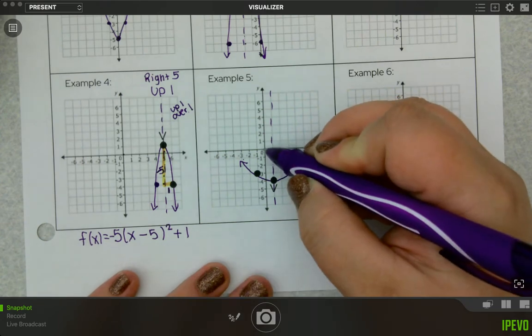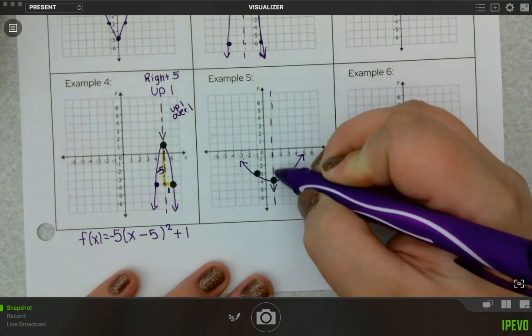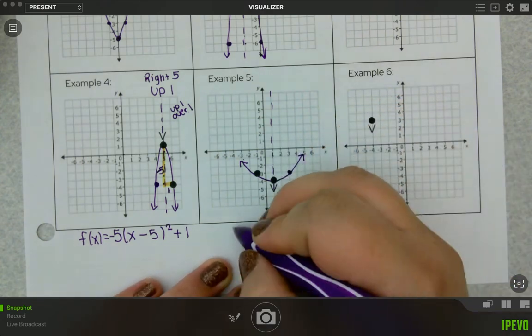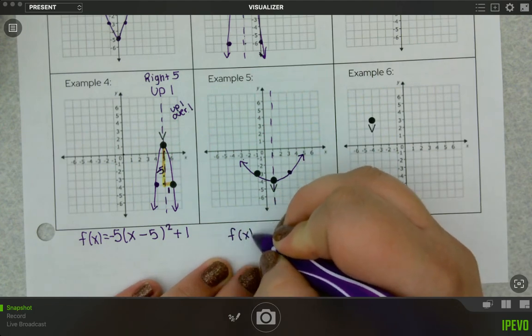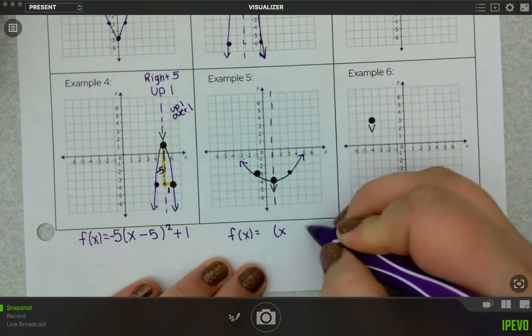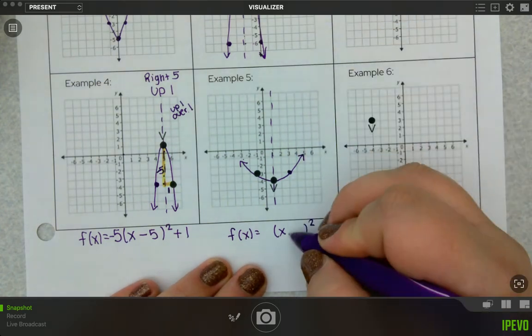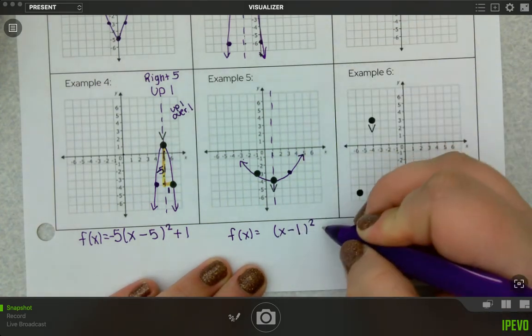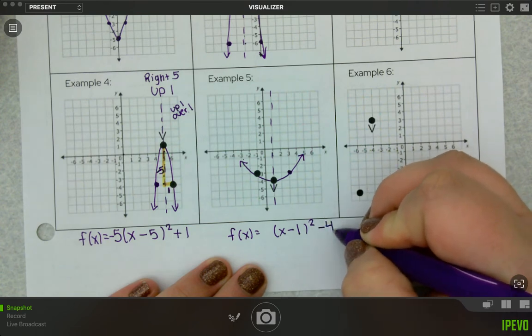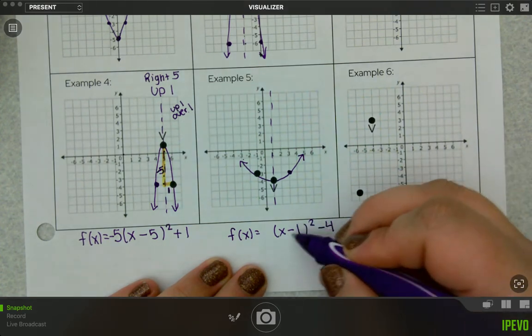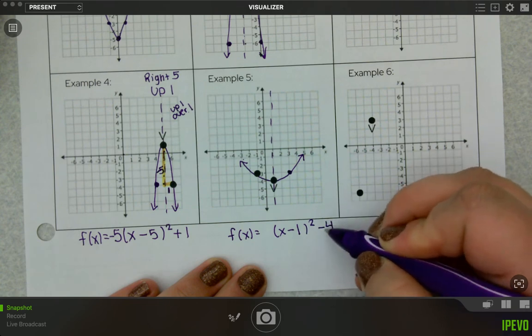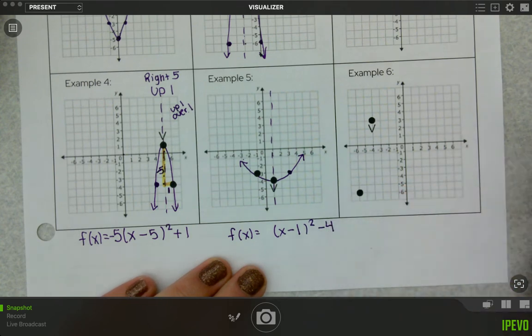So this one has been moved to the right 1 and down 4. So I'm going to start by doing my setup. And then I need to move it right 1 and down 4. So the right 1 goes on the inside minus, the down 4 goes on the outside minus.